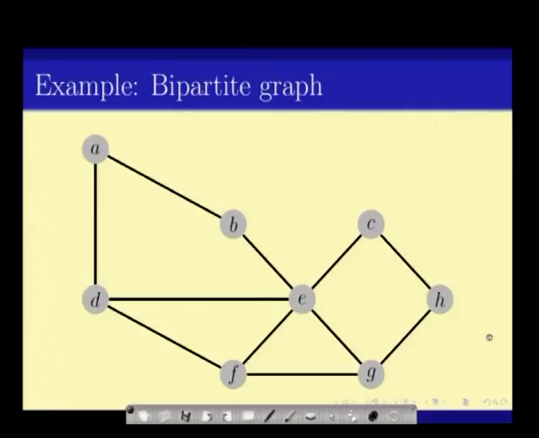So, consider this graph. Is this graph bipartite? What we can do is start putting these vertices in the two partitions.